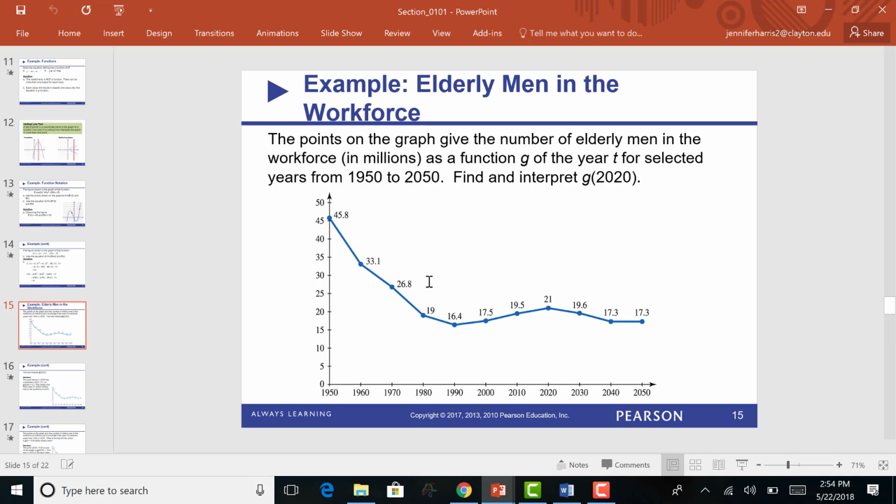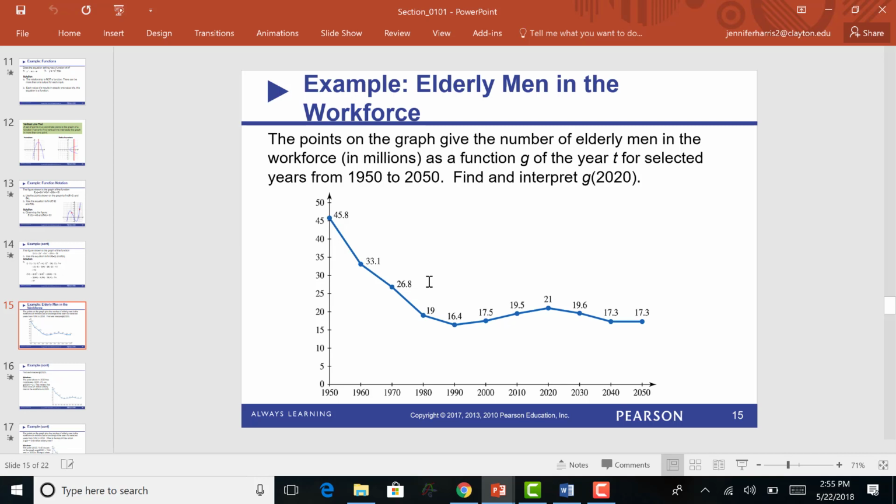Now, what do the G and T refer to? Whenever you read these problems, we want to make sure we understand what G and T refer to. Notice it says the year T for selected years from 1950 to 2050. Again, in most of this class, T will always be time, in seconds, minutes, hours, years, days. T will usually represent some sort of time.